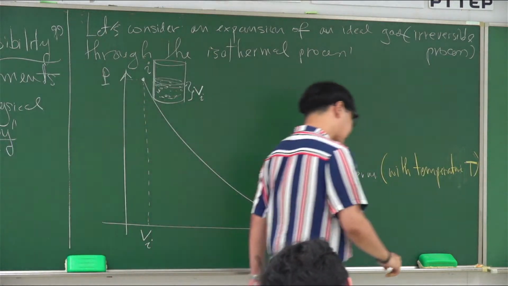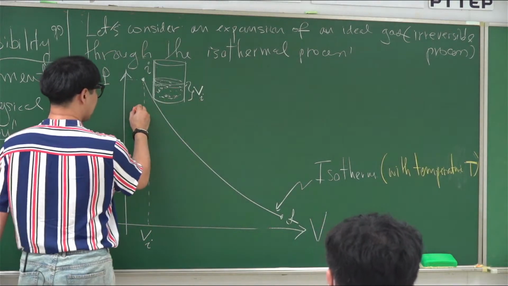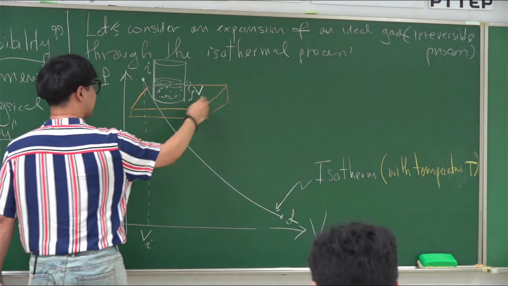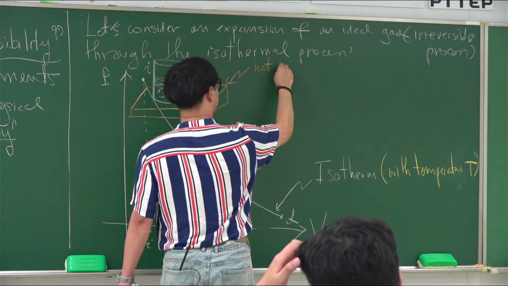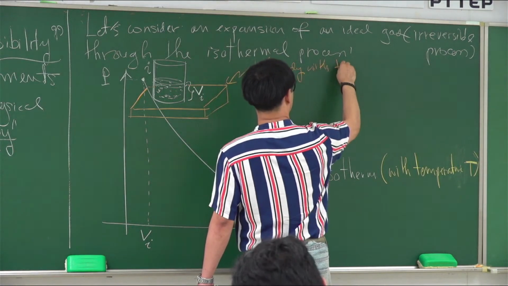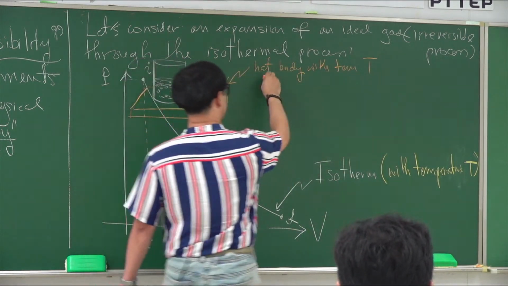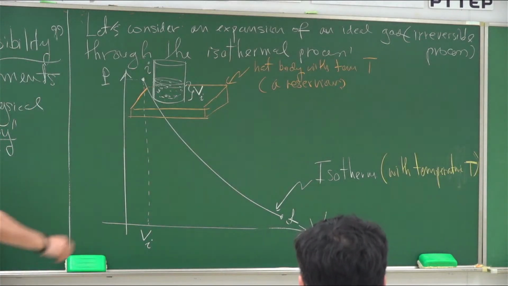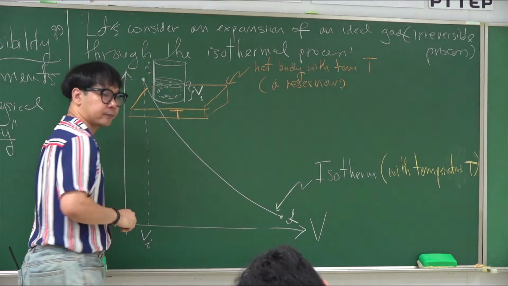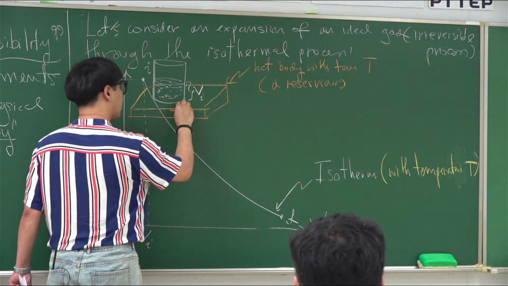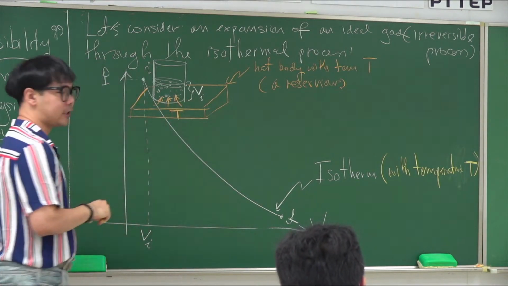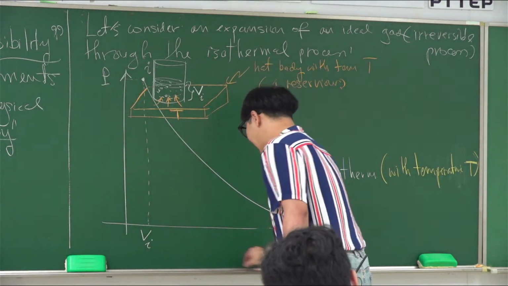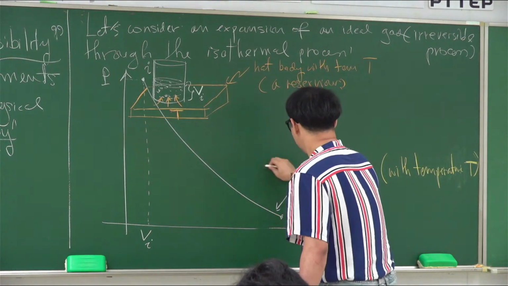So what we're going to do is put this chamber onto a hot plate, a hot body with temperature T. This is nothing but a reservoir. So heat will get into the chamber, and the gas will expand, right? So at the end, you're going to have this picture.